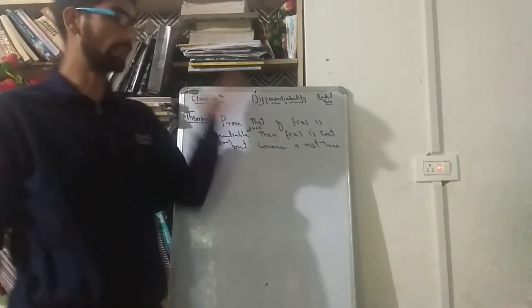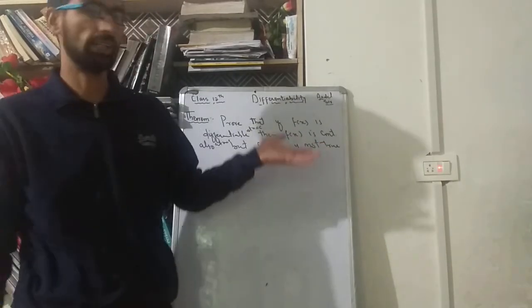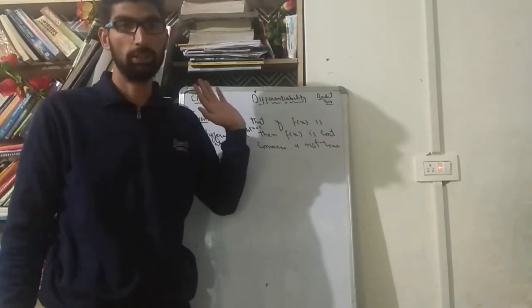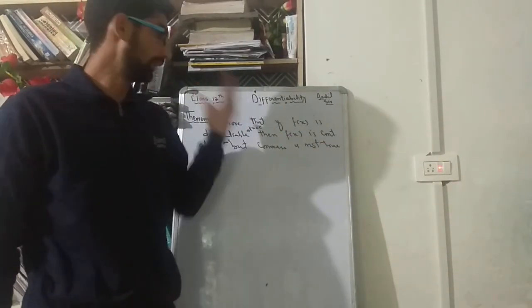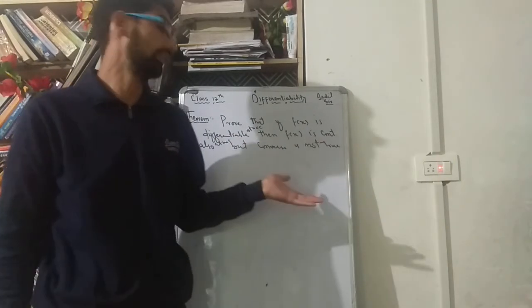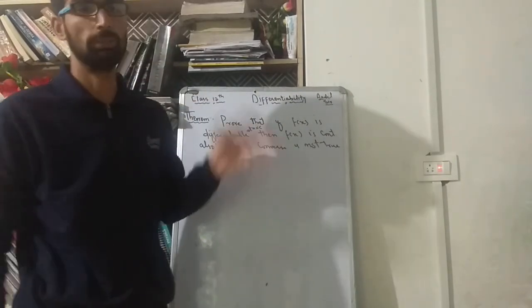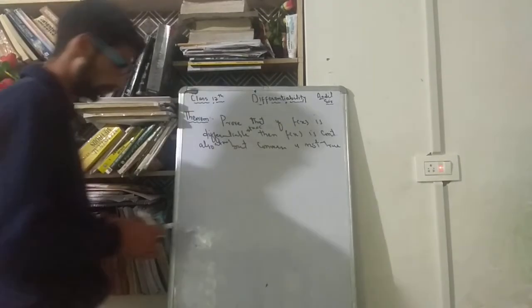That means if we have a continuous function, it is not necessary that the function must be differentiable. So differentiability implies continuity, but continuity does not always imply differentiability. So this is our theorem. So you write down the proof.